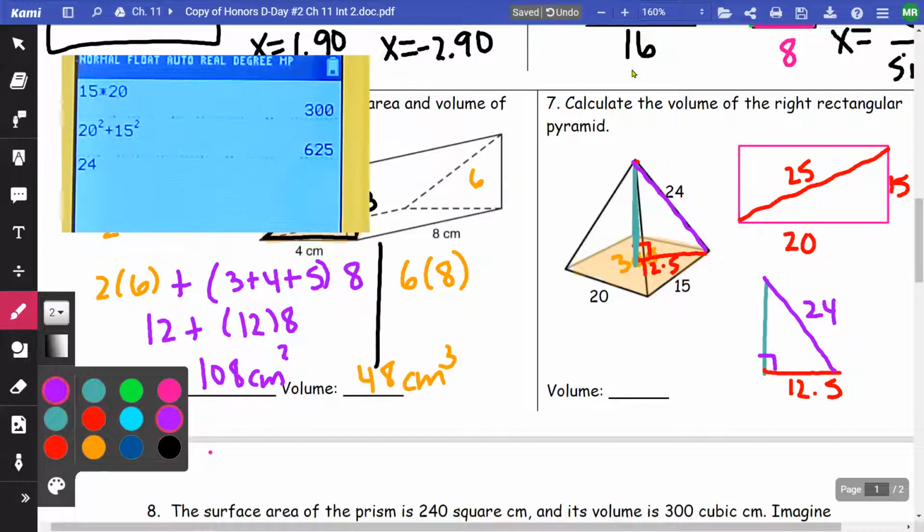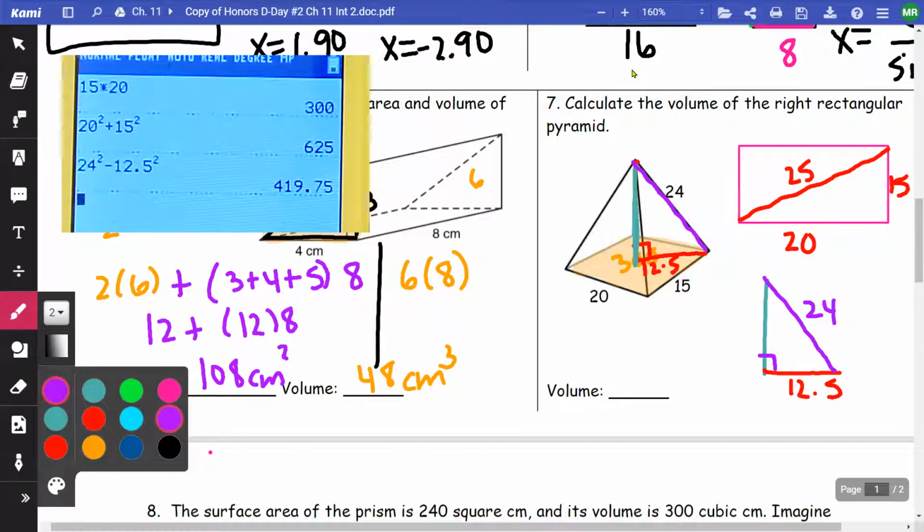So I'm going to go 24 squared minus 12.5 squared. And I'm going to get 419.75. So this is going to be the square root of 419.75.